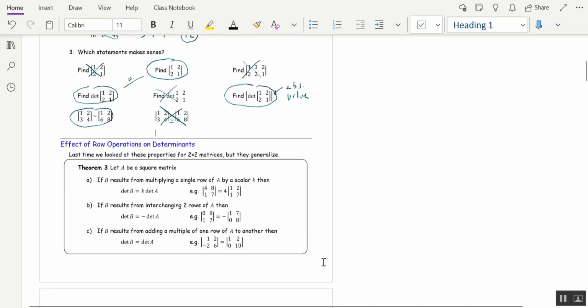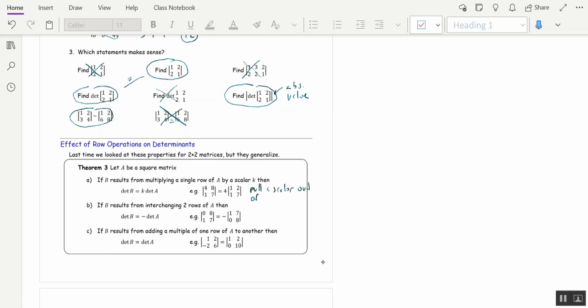Okay, so this next set of results we were working towards last time, and we saw they're true for elementary matrices, but we're going to see now that they generalize. So in English, the first result tells us that when we're finding determinants, the way I like to think of it is that we can pull a scalar out of a row. And I have an example there so you can see what I mean.